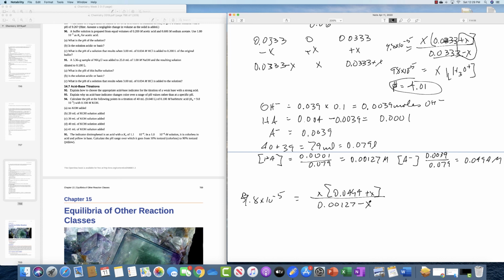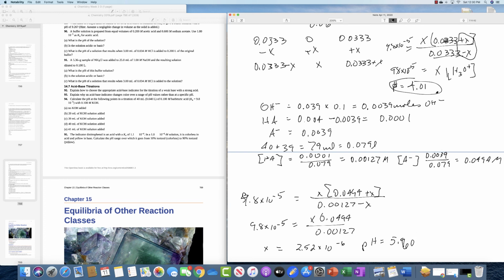If you, again, assume these are small, you end up with x times 0.0494 divided by 0.00127 equals 9.8 times 10 to the minus 5. And in that situation, x is now going to equal 2.52 times 10 to the minus 6. And the pH is now going to be 5.60.